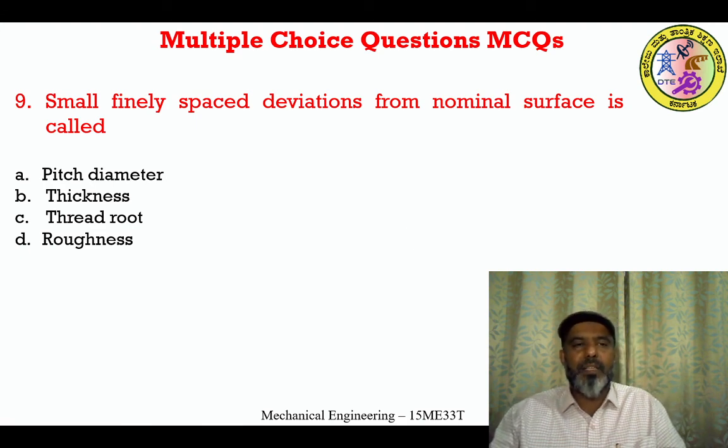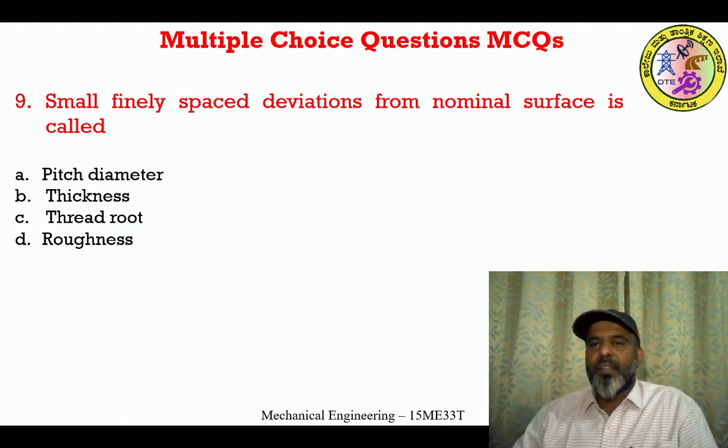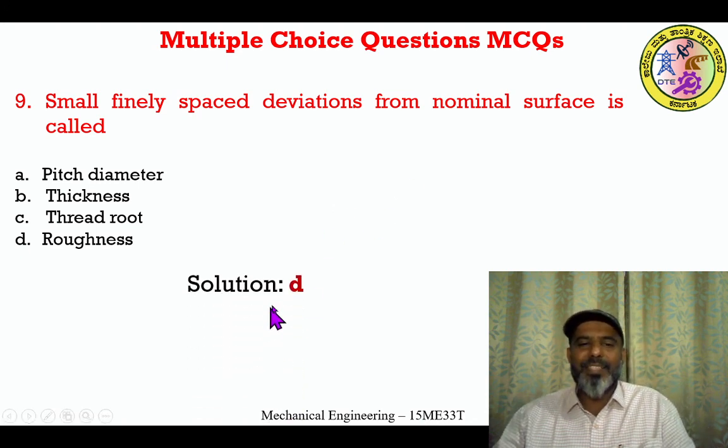Small finely spaced deviation from the nominal surface. Yes, the correct answer is D, roughness. The instrument we have dealt with is the surface roughness tester, and if you want to define surface roughness, the small finely spaced deviation from the nominal surface is called surface roughness. Therefore, the correct answer is D.